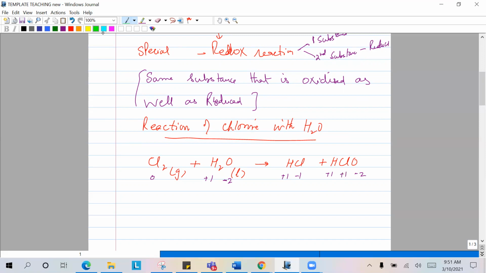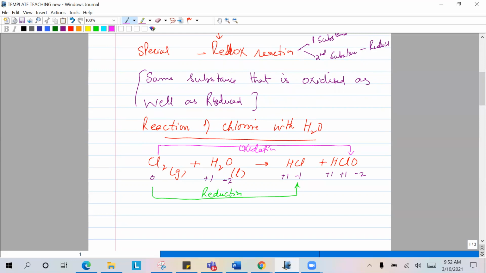Chlorine is changing from 0 to -1, which is a decrease in oxidation number, meaning reduction. Chlorine is also changing from 0 to +1 in HClO, so that is oxidation.